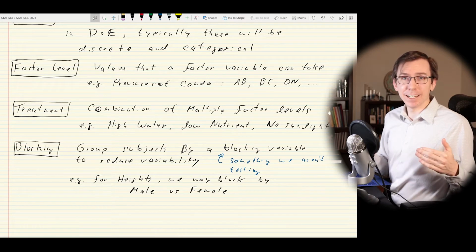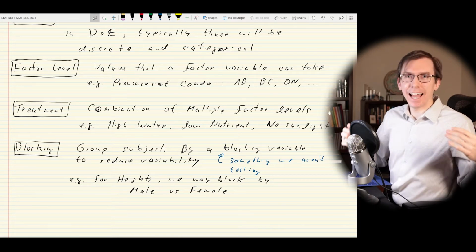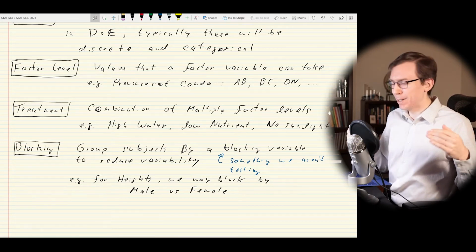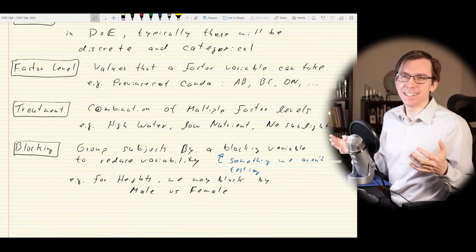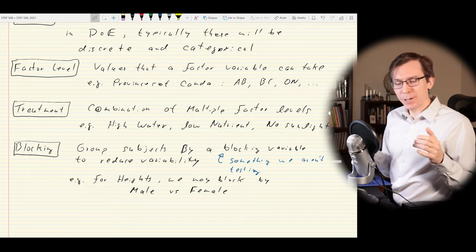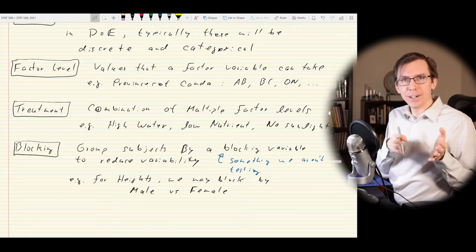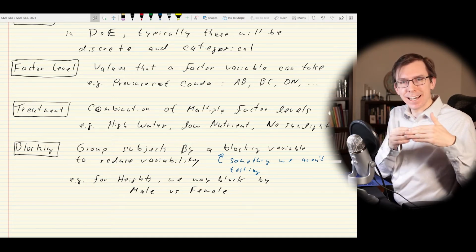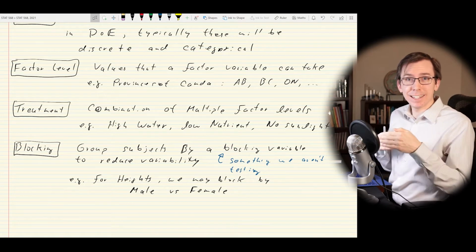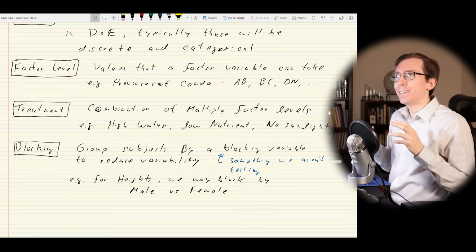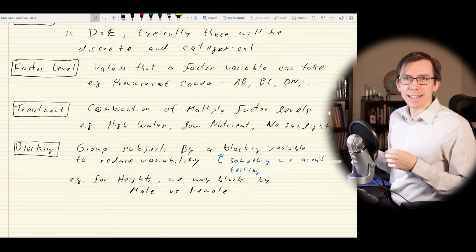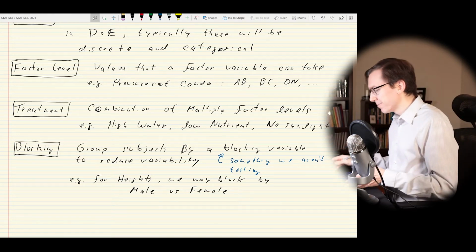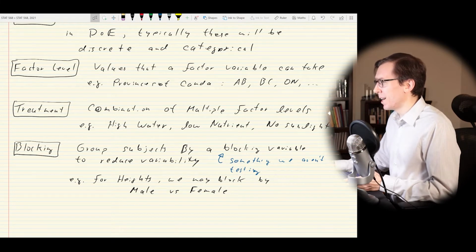On average, not absolutely, but on average, men are slightly taller than women. So if we wanted to test for differences in average heights, we may want to block by male versus female in order to determine the differences within each of these groups, or just to remove the variability that is present there. So that would be an example of blocking.